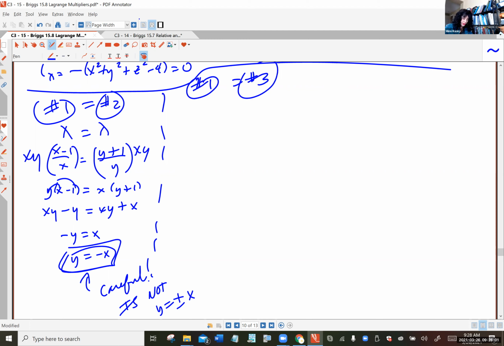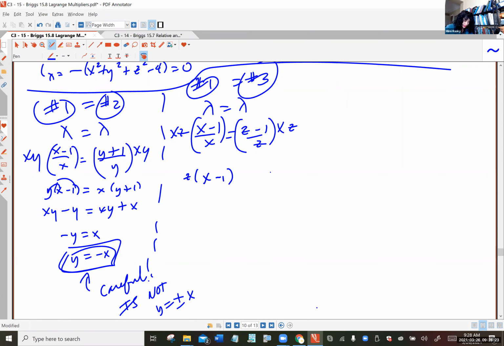If I set the first lambda equal to the third lambda, they have to be the same. Lambda has to be equal to lambda. So this time I'm saying that x minus 1 over x is the same as z minus 1 over z. And I'm going to multiply both sides by xz and do the same kind of thing. Here on the left, the x's cancel.